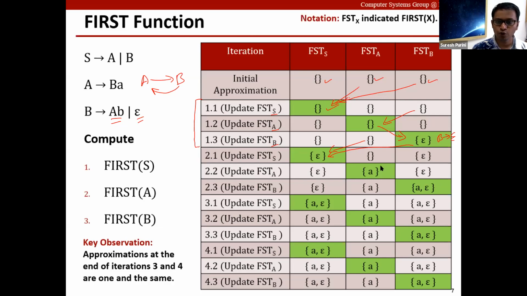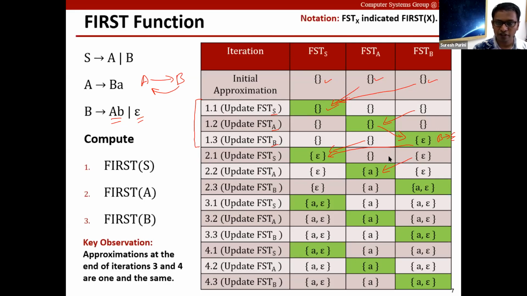So now in step 2.2, we would like to update the first set of A. In order to update the first set of A, we use this information. Since epsilon is present in first of B, we can include the terminal symbol A in the first set of A. Great, this is a good improvement.